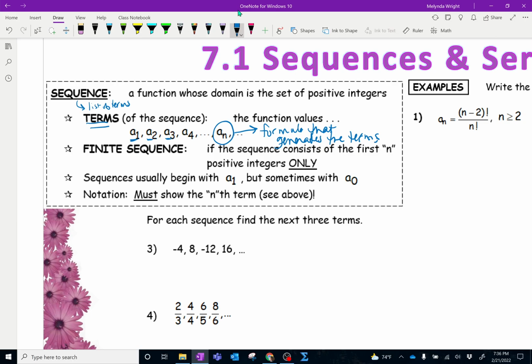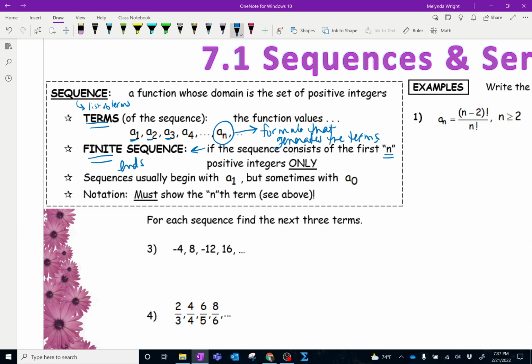A finite sequence, finite means that it ends. It doesn't keep going forever and ever like an infinite sequence. If the sequence consists of the first n positive integers only, it stops, at some particular value, maybe 10 terms or maybe 20 terms.